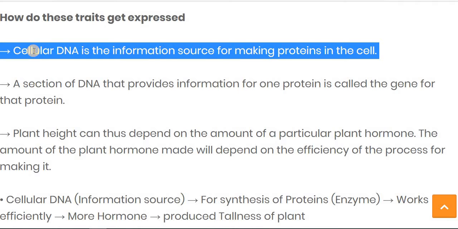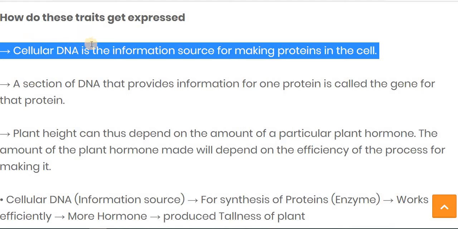So the cellular DNA is the main source responsible for the expression of the characteristic. Why? Because this cellular DNA possesses the information for the making of protein, and this protein is responsible for the expressing of the characteristic.